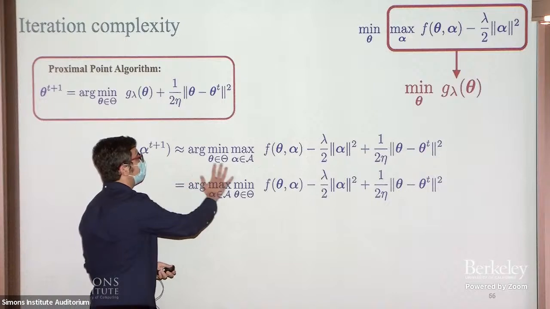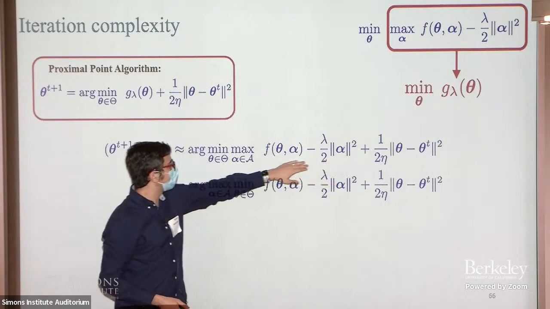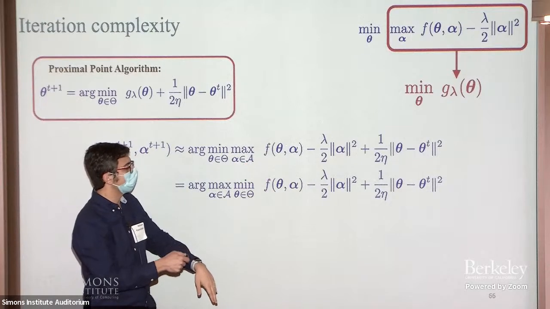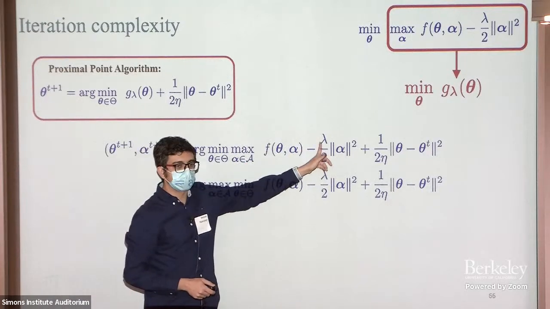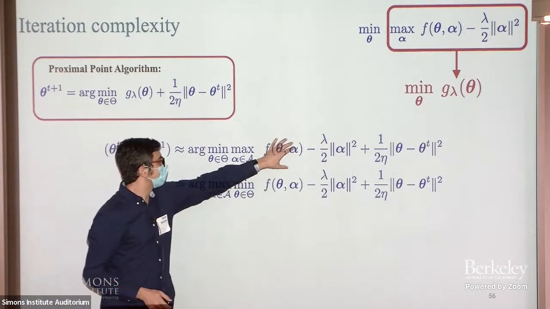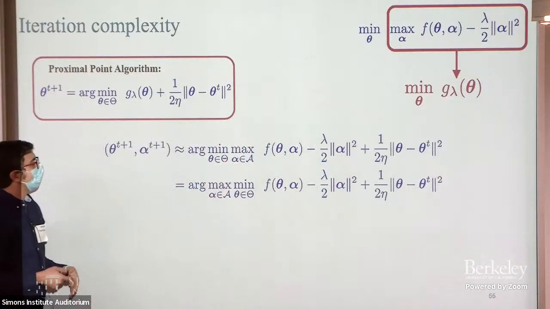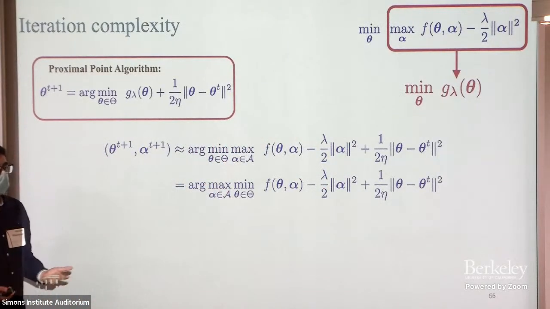If I do it in this order, I have a strongly concave function inside with respect to alpha with a small lambda. That gives me a large Lipschitz constant for the function, which is the max of this, and that gives me again a rate drop.